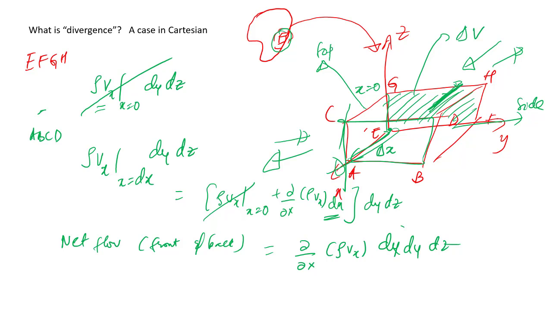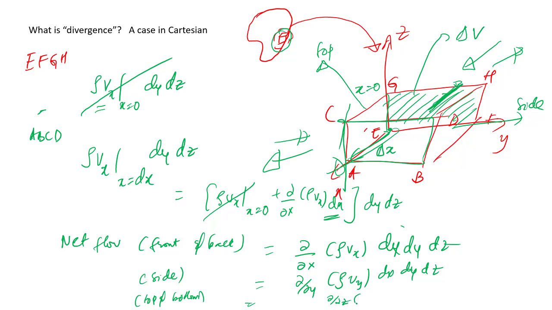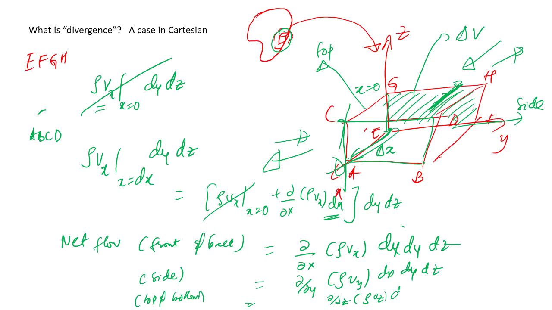By the same analogy, for the side faces, the thing that is changing is y, so I would have dou by dou y of rho Vy dx dy dz, and for top and bottom, similarly dou by dou z of rho Vz dx dy dz.